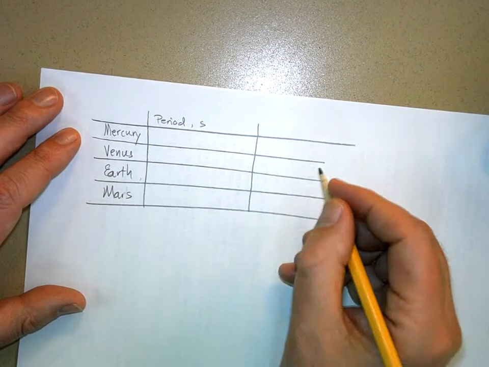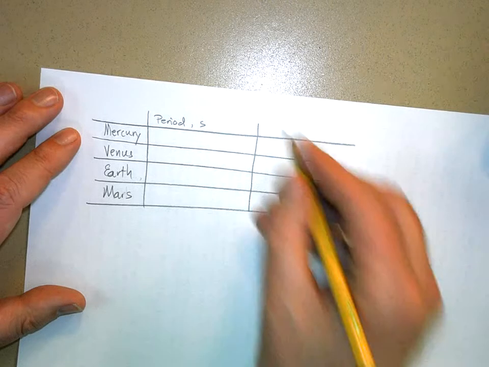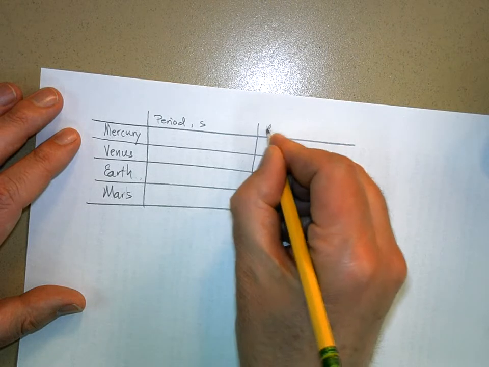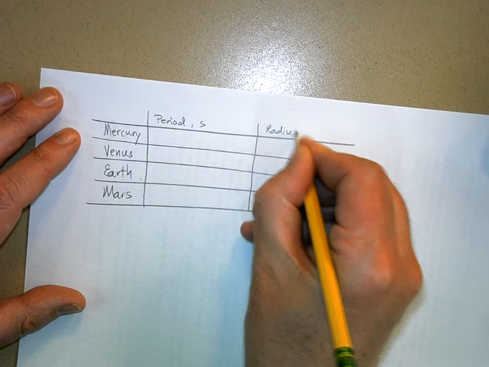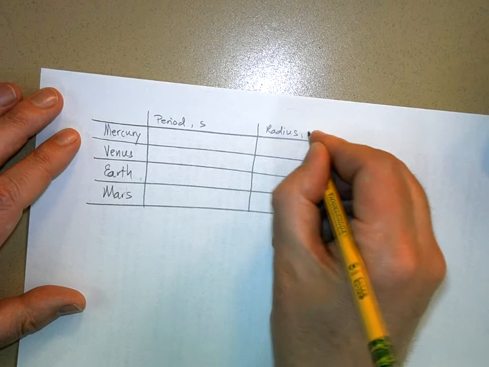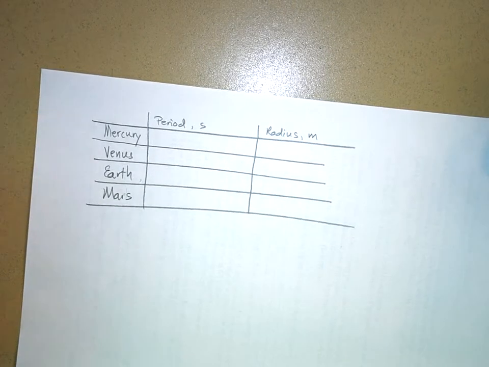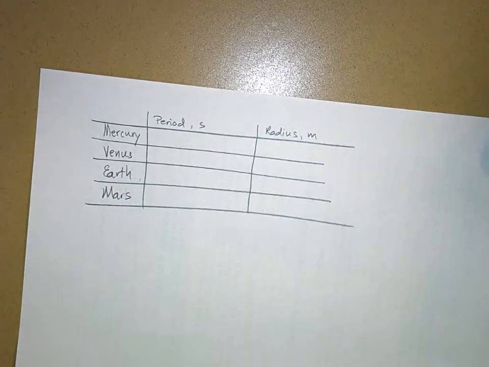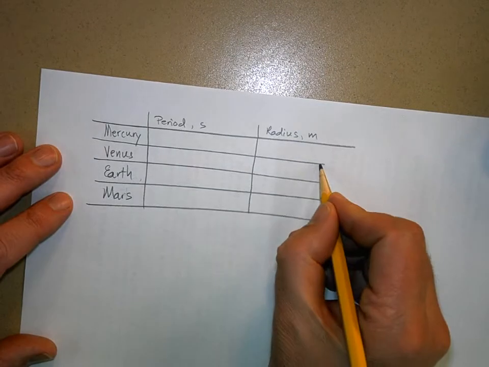And then I want you to figure out the radius of the orbit of each one of these planets in meters. Now I did this ahead of time, but I'll just let you figure it out.